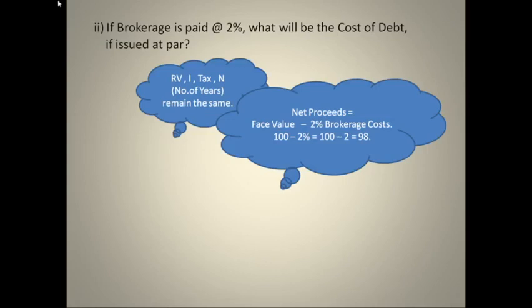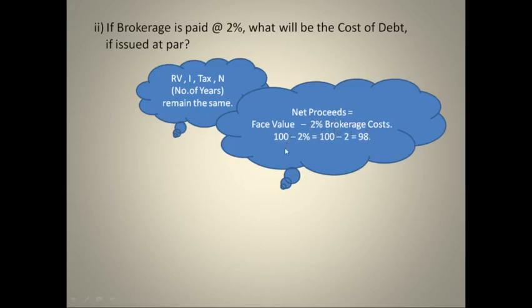But in this part of the question, the brokerage part, they are not concerned with the premium and they are not concerned with the discount as well. They are concerned with just the brokerage, that is the flotation cost. So the formula for net proceeds will be face value minus the flotation cost, which is nothing but the 2% brokerage cost.